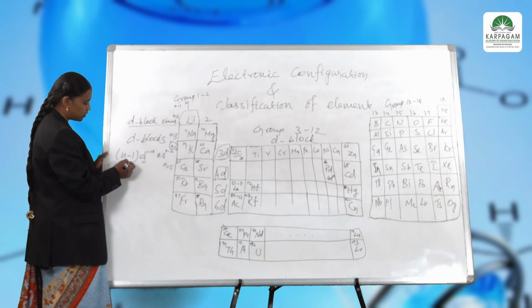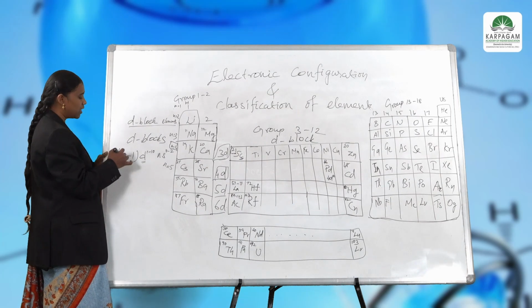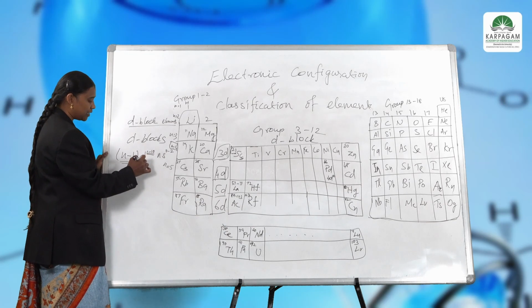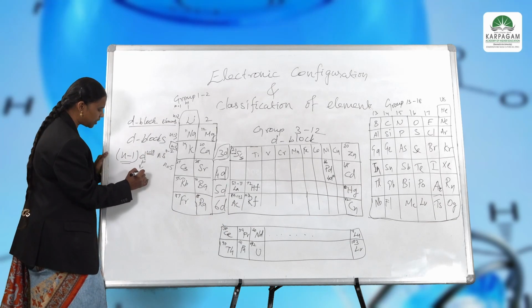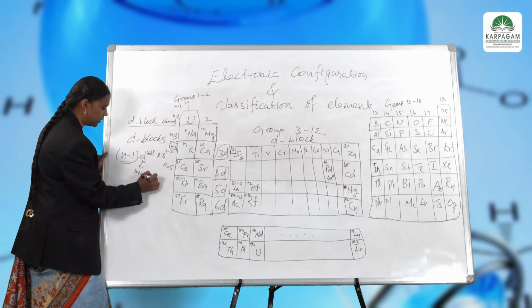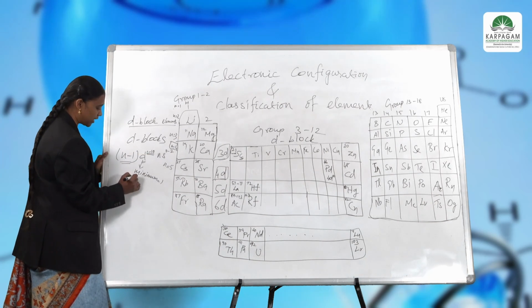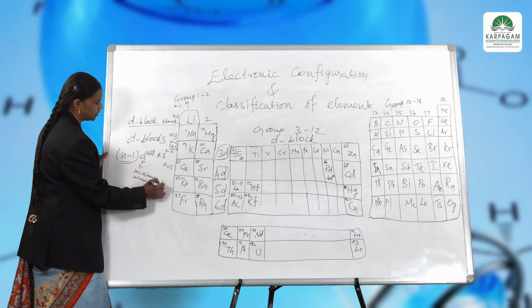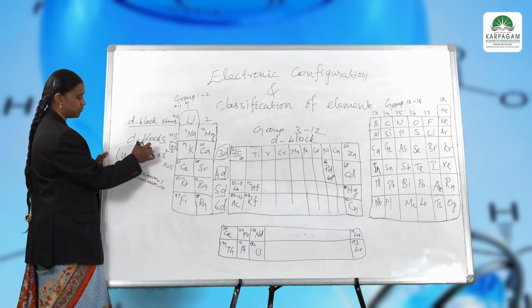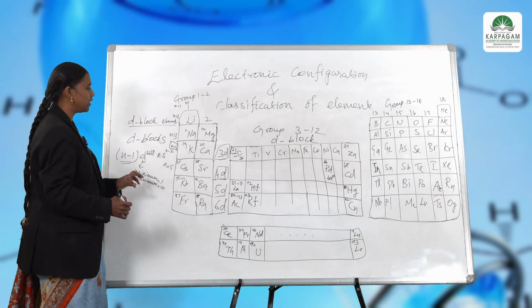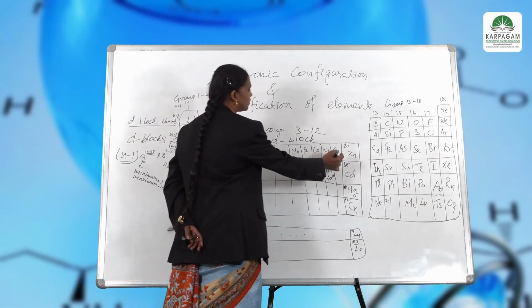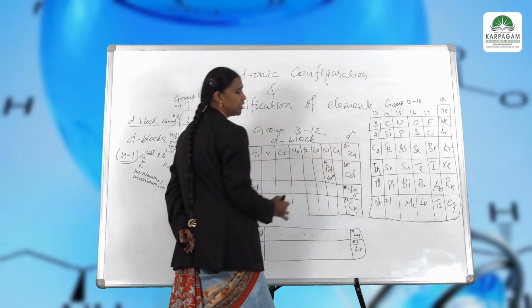That's why the general formula is written as (n-1)d^1 to 10. It means that in the d block the minimum number of electrons filled is 1 and the maximum number in the d orbital is 10. Scandium starts with d^1 and zinc ends with d^10.